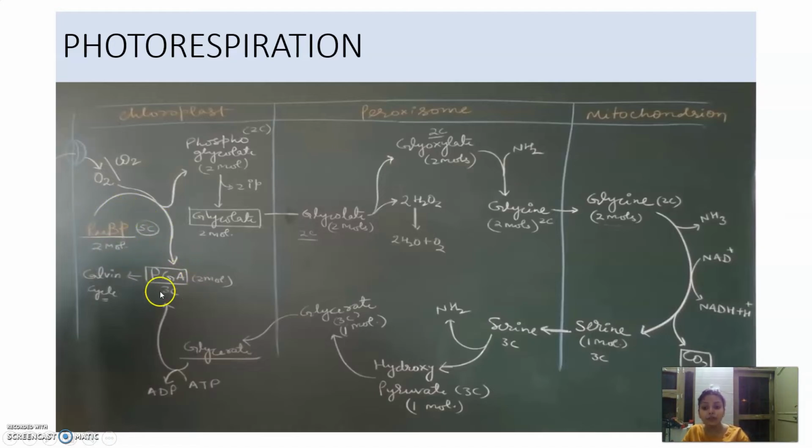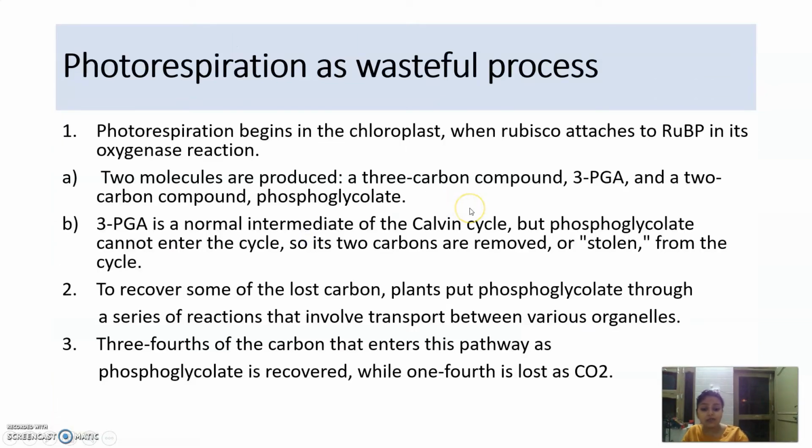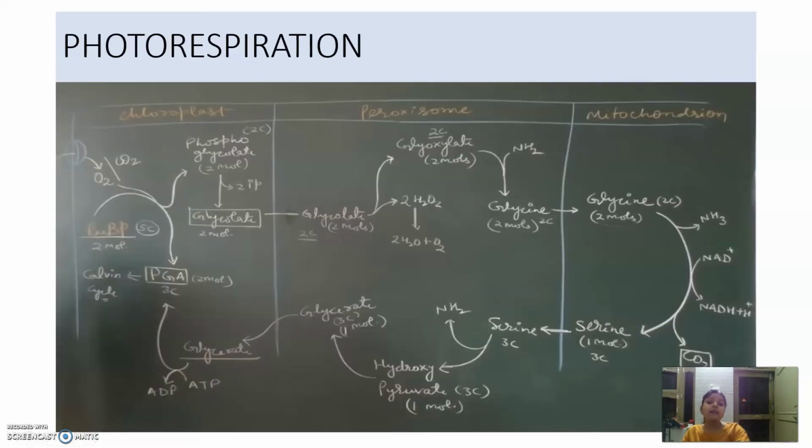The 2 PGA molecules will be formed, meaning 6 carbons are recovered. 2 molecules of phosphoglycolate will be formed, each having 2 carbon atoms. Thus, 4 carbon atoms are wasted. Out of this, 3 carbon atoms are recovered through a series of reactions, and still one molecule of carbon dioxide is wasted.